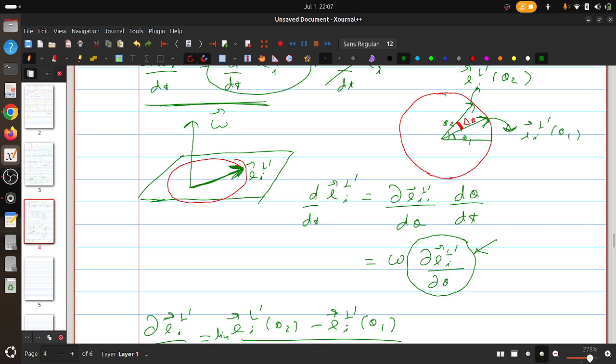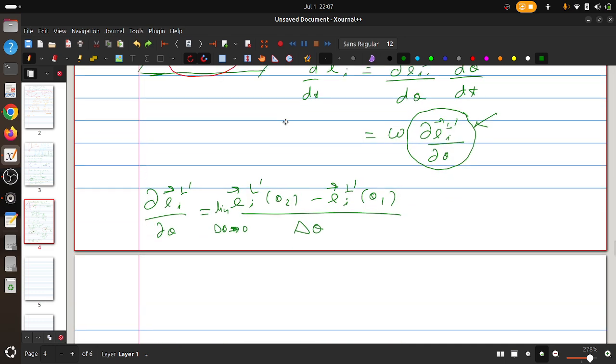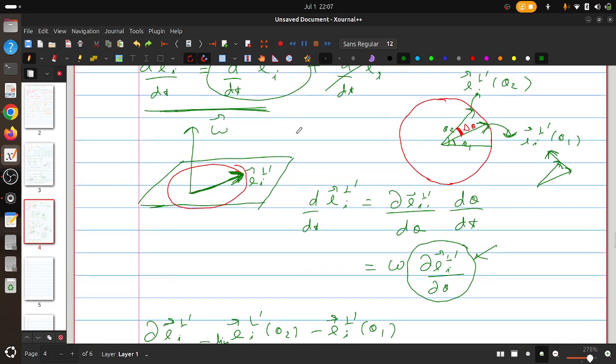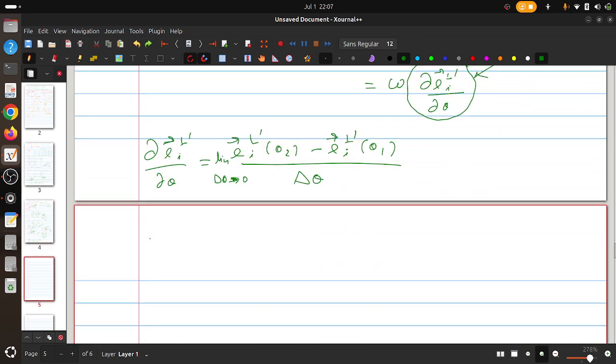So as this delta theta goes to 0, they come closer and closer, and you can observe geometrically that as this moves closer, the derivative would be in this direction, right? It is tangential, which is not new because from circular motion you know that velocity is tangential, tangent to the circle. So you know that the velocity vector goes in this direction, right? It is a very old fact.